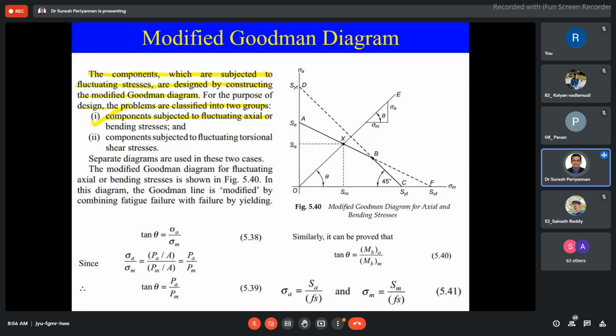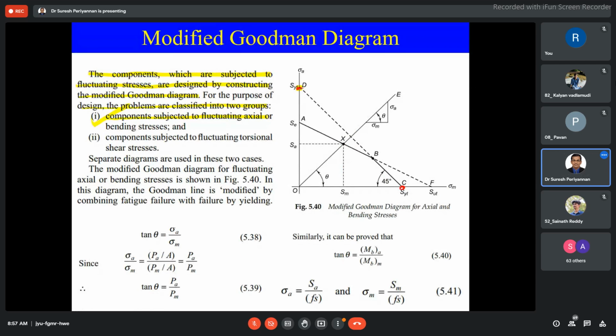Now, we already considered that the maximal limit of stress is the yield strength, SYT, in the y-axis and SYT in the x-axis. When you draw SYT on the y-axis and SYT on the x-axis, obviously it is going to be a 45-degree line.